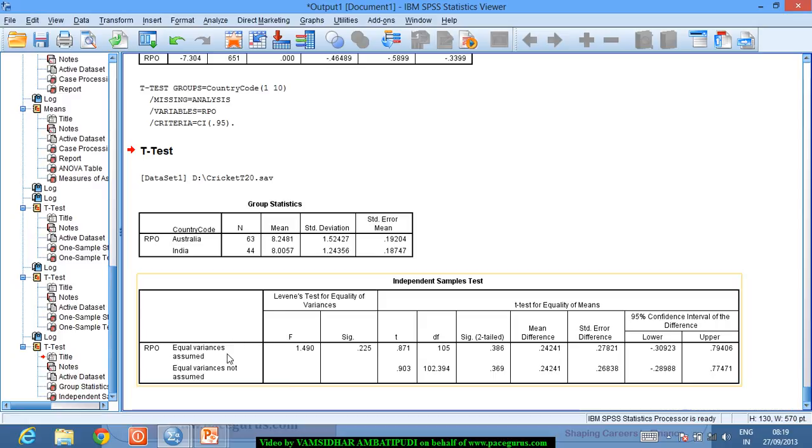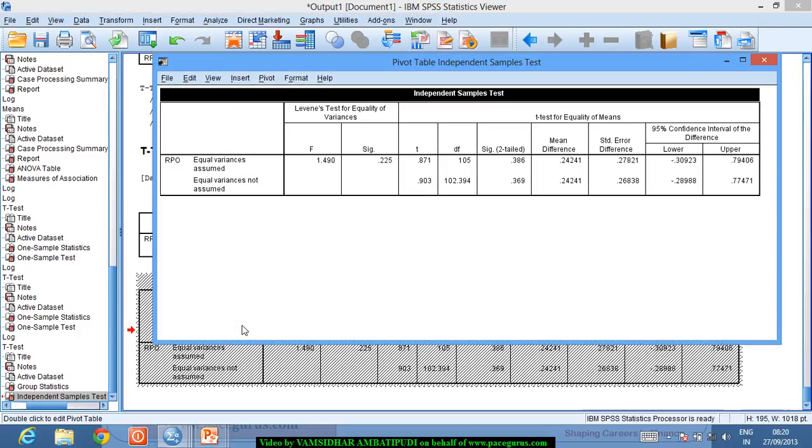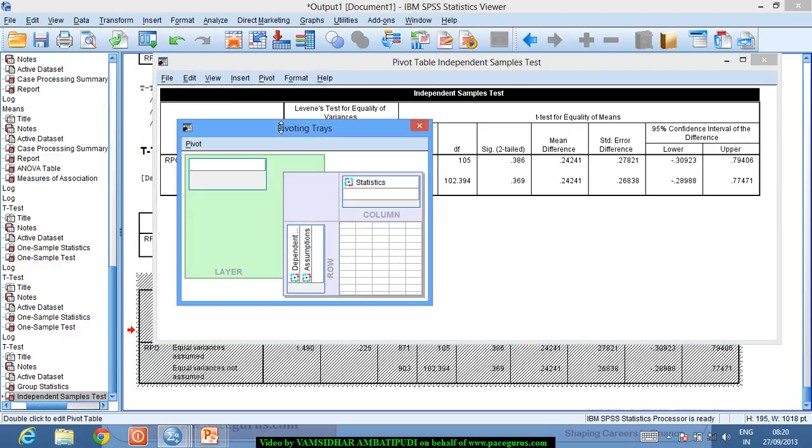So what can we do to make that report better? You double click on this, and in that pivot table you can change the default. So I'll go for a pivoting trace, and the assumptions you bring here.